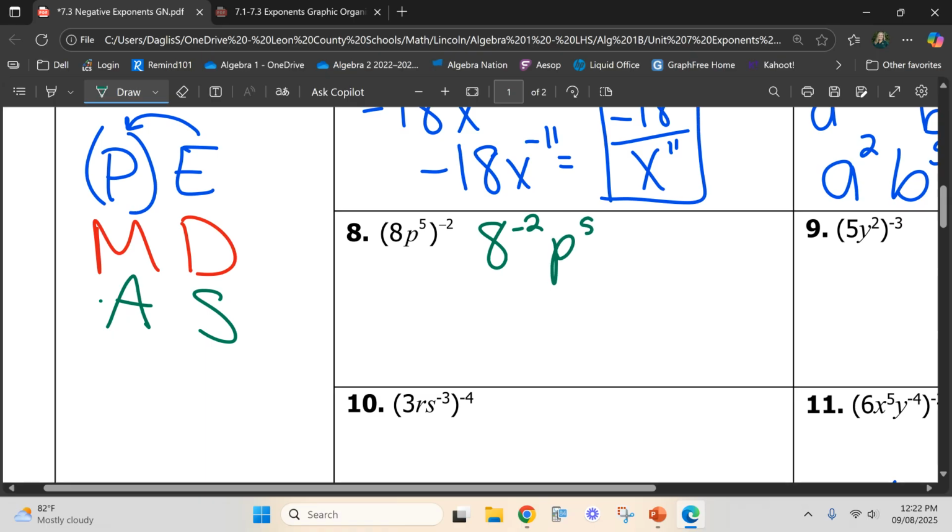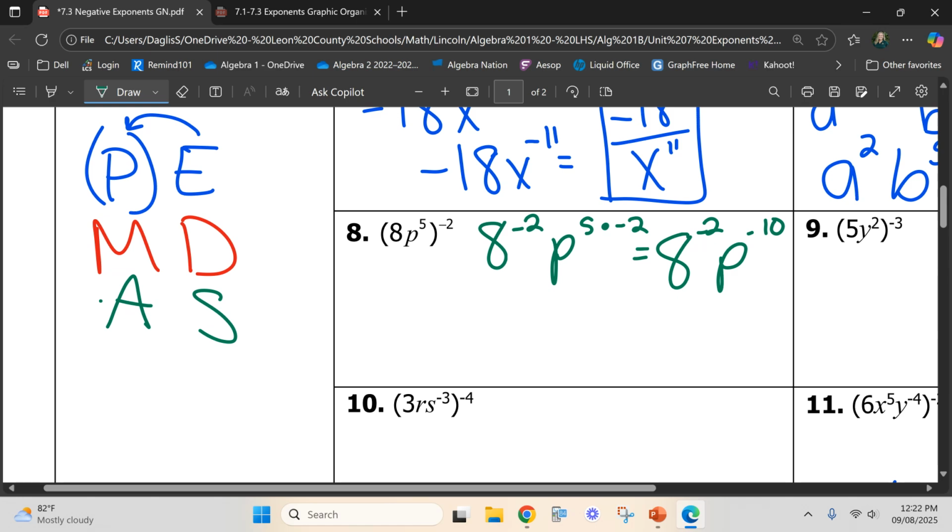So what can I do with my exponents? Multiply. All right, so this becomes 8 to the negative 2, and then p to the negative 10. Do you agree they both have negative exponents?